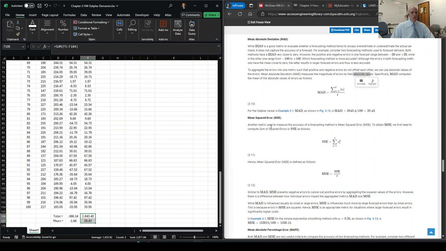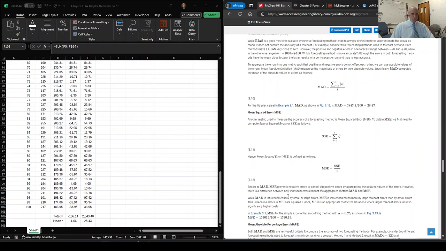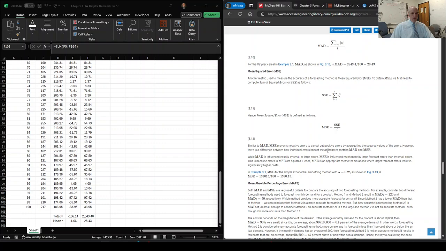Another metric used to measure the accuracy of forecasting is the mean squared error. Similar to the mean absolute deviation, we're preventing negative errors from canceling out positive errors. The difference is how individual errors impact the aggregated metrics.